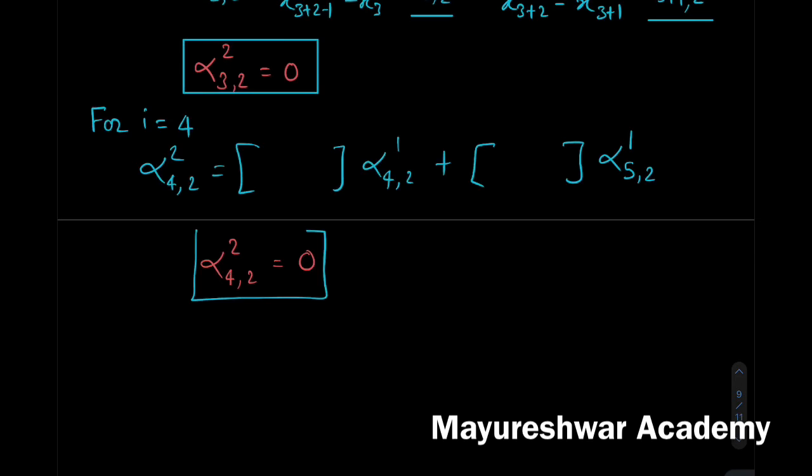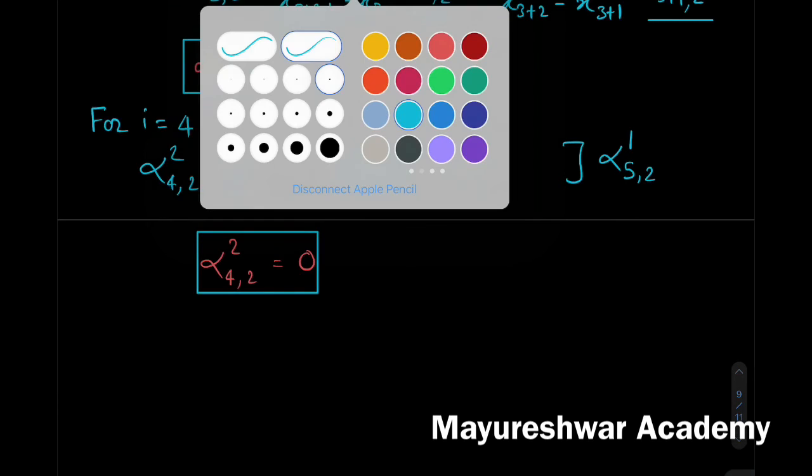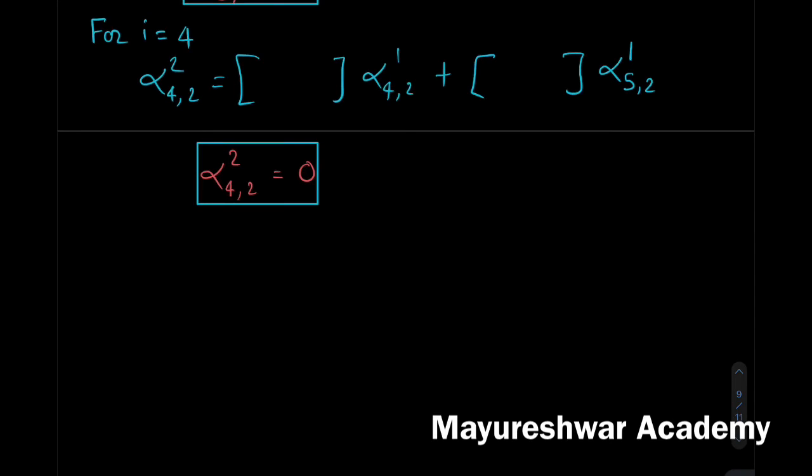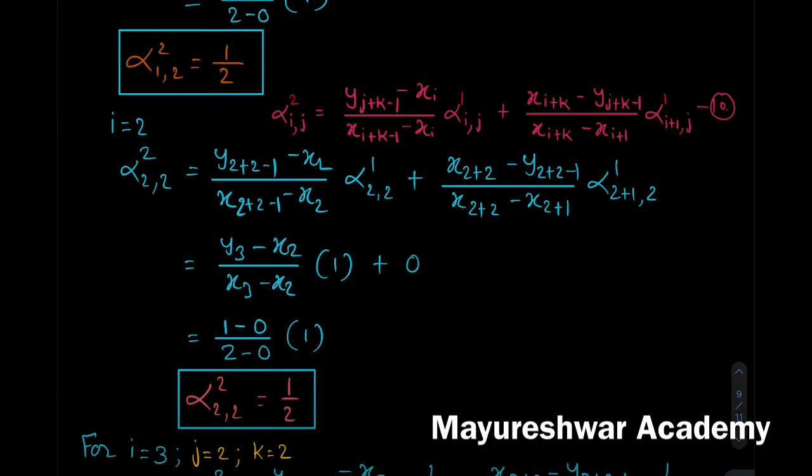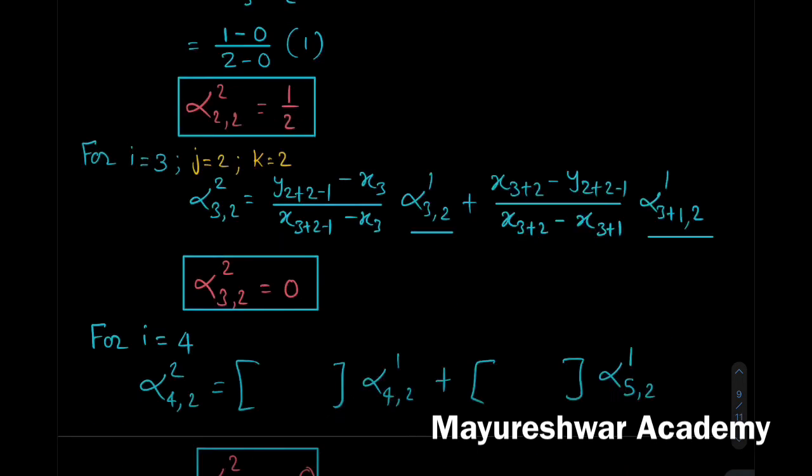Okay, so now let us increment j so that we are moving to the next slot. Now j is equal to 3 and k is 2 still. Let us say i is 1. Alpha 1 comma 3 2, k is 2. Let us copy this equation because we need to use the format.